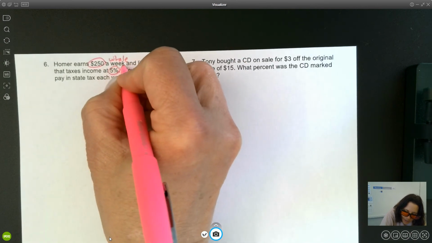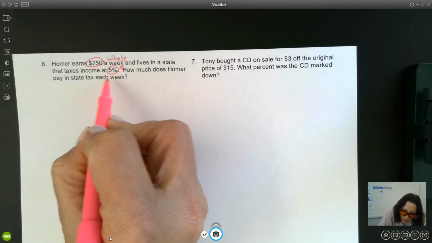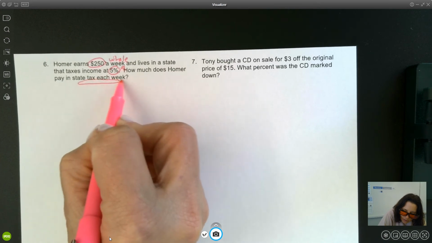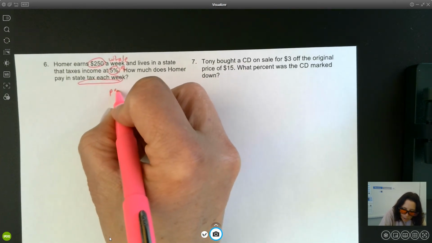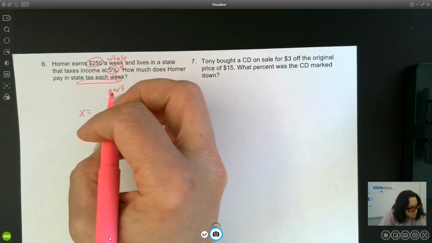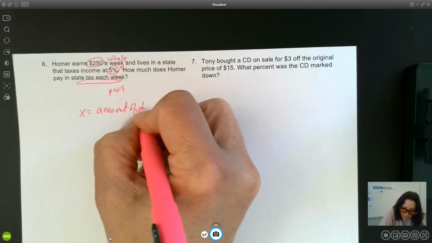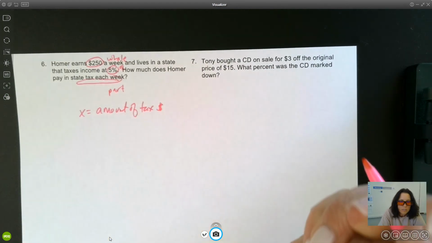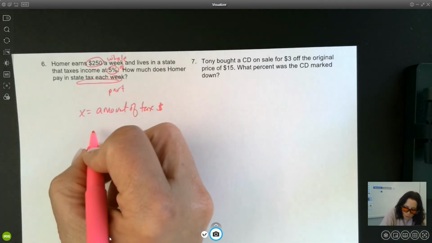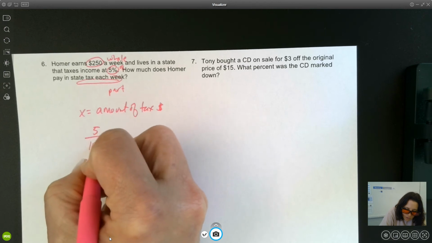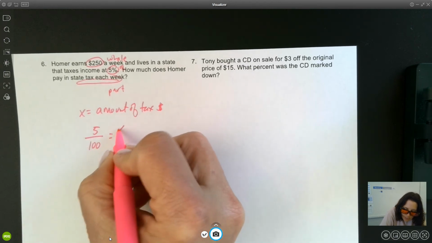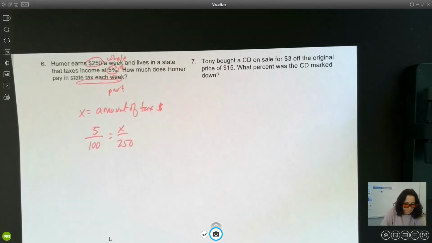This is the percent. And we're looking for the tax, which is going to be a part. So X equals the amount of tax in dollars. All right, so we've got 5 over 100 equals X over 250.